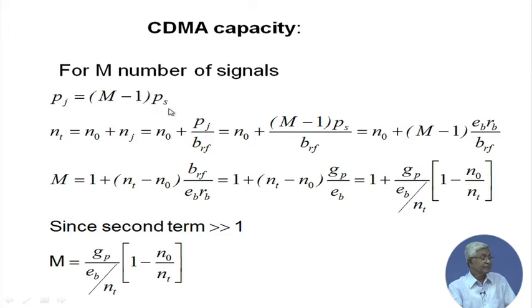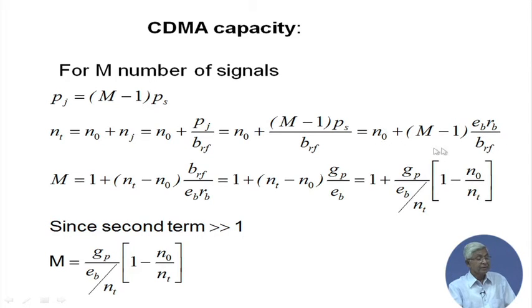So it is m minus 1 into PS. As we started earlier, NT, the total noise power density, is N0 plus NJ, thermal noise plus interfering power, and NJ is PJ by BRF, and PJ is m minus 1 into PS. So N0 plus m minus 1 PS by BRF, and PS we can replace with EB into RB, so m minus 1 into EB RB by BRF.